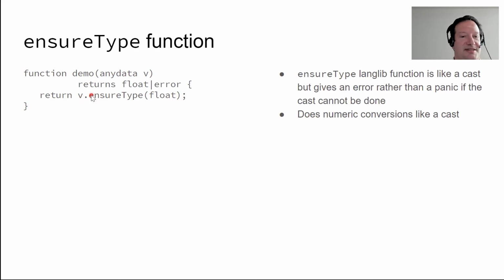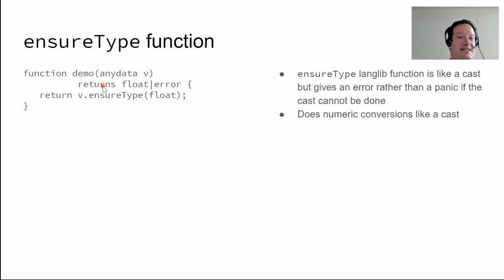Now, this is just a call to a langlib function that's defined in the lang.value module. If you're looking at this, you should be wondering, how does that work? How is it that there's no cast here?